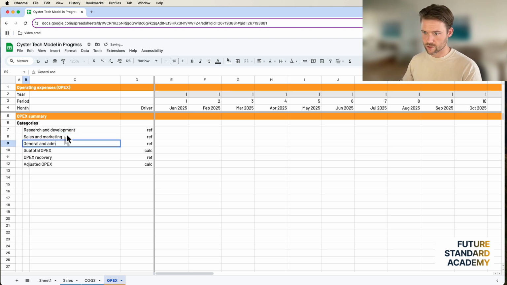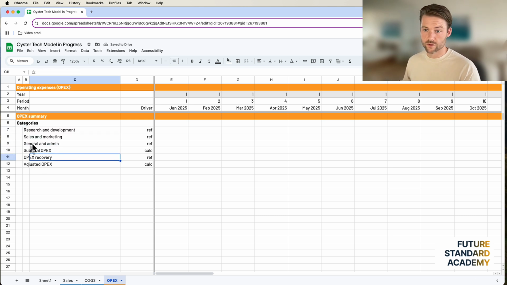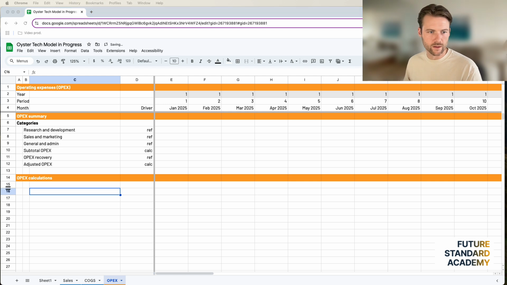General and administrative. Let's call it admin. Okay, those are the categories. And then, of course, we've got to now create these. And then we got this OpEx recovery, which is going to be like payroll recoveries, right? Depending where you are in the world, they're going to be called different things. In BC, we've got MyTax, for example, which is a big one. IRAP does a lot of payroll recoveries, that kind of thing.